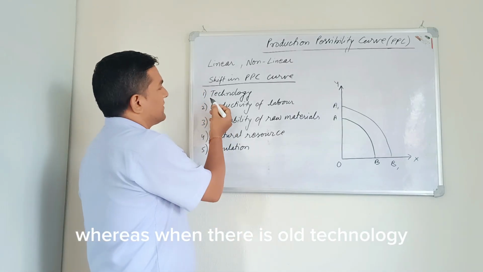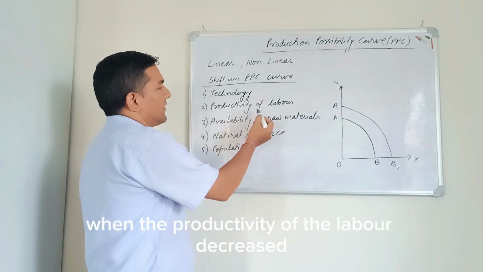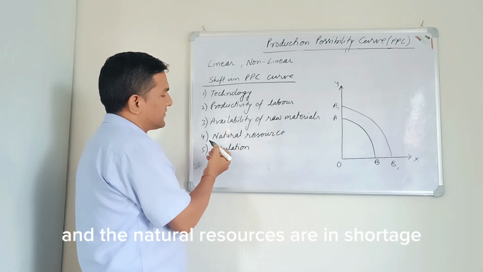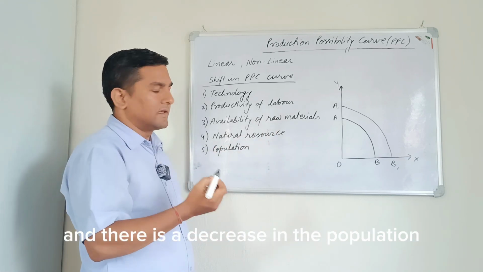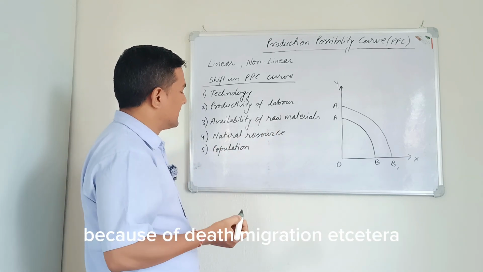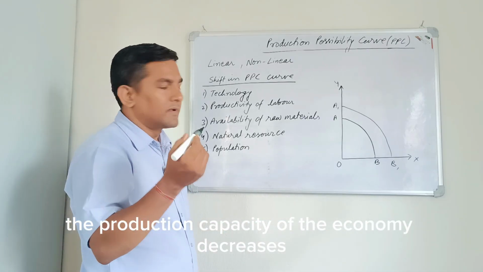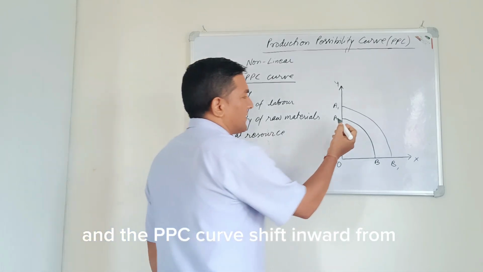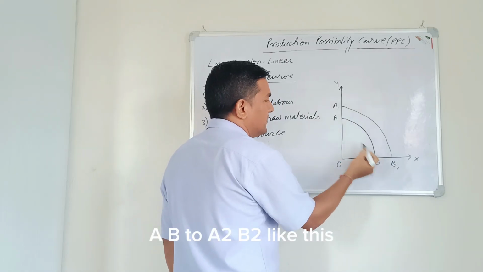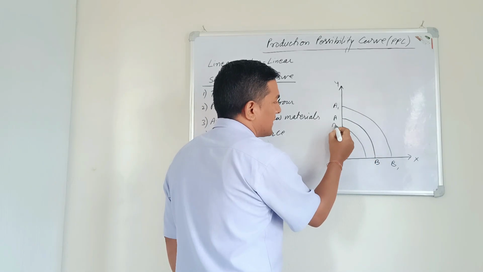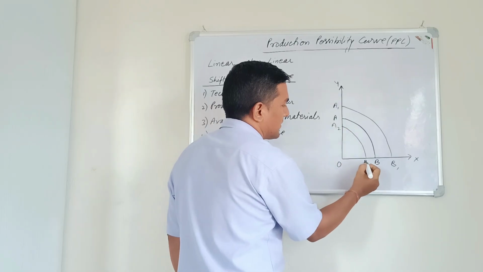Whereas when there is old technology, when the productivity of the labor decreased, when the raw materials are in shortage, when the natural resources are in shortage, and there is a decrease in the population because of death, migration, etc., the production capacity of the economy decreases, and the PPC curve shifts inward from AB to A2, B2 like this.